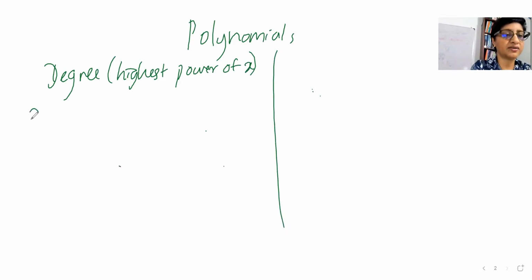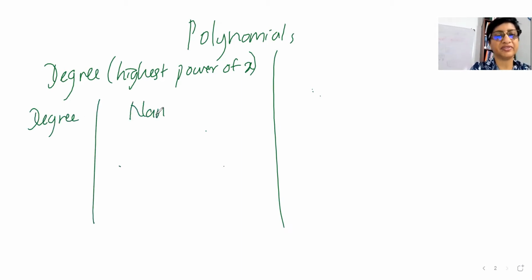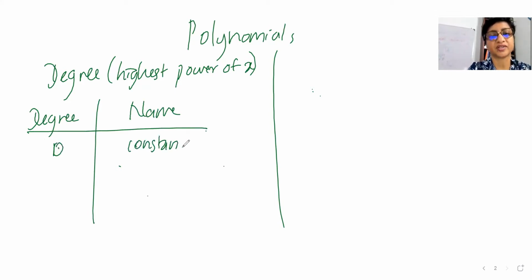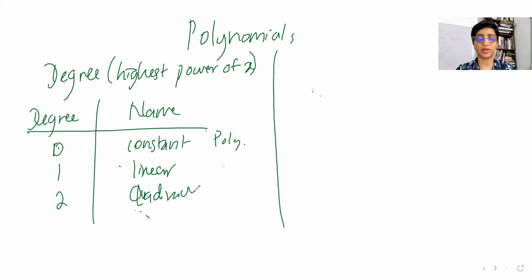If the degree is 0, we say it's a constant polynomial. If the degree is 1, we say it's a linear polynomial. Degree is 2, we say it's a quadratic polynomial, and so on, cubic, and so on.